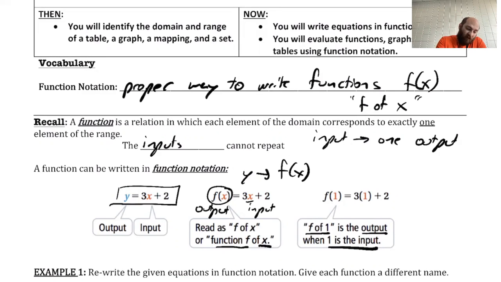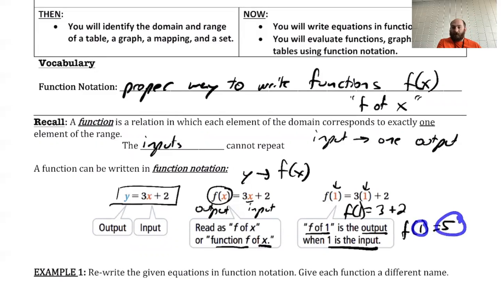If you're trying to find f of 1, you're going to replace the x value with 1 because that's our input. So f of 1 is equal to 3 times 1 is 3 plus 2. So f of 1 is 5. So this is what I'm stating: when my input is 1, my output is 5. That's what this part of the notation means.